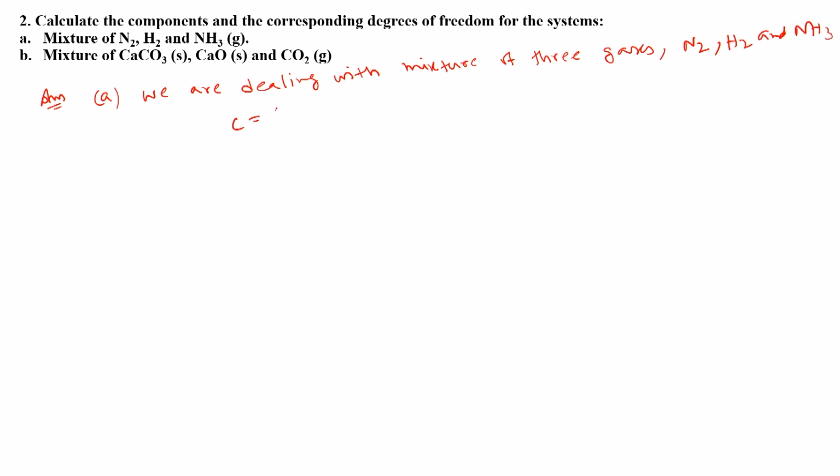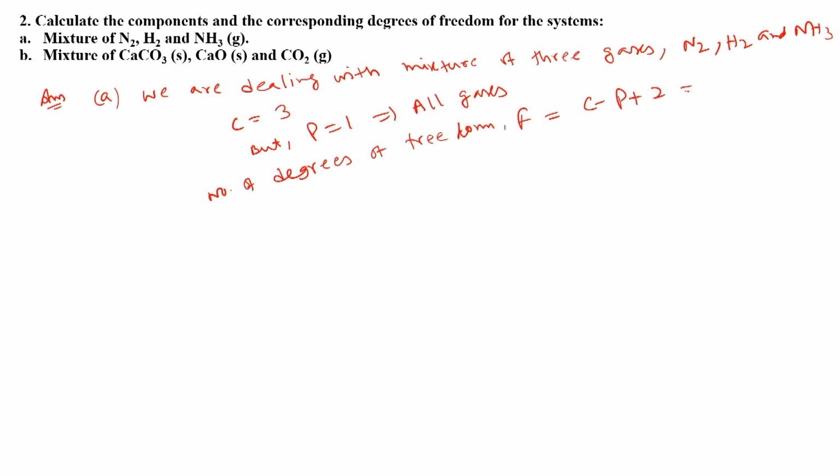So C is 3, but P is 1 because all are gases, so only one phase we get. So the number of degrees of freedom F is C minus P plus 2, so 3 minus 1 plus 2 gives you 4.